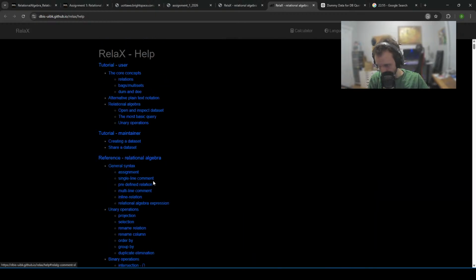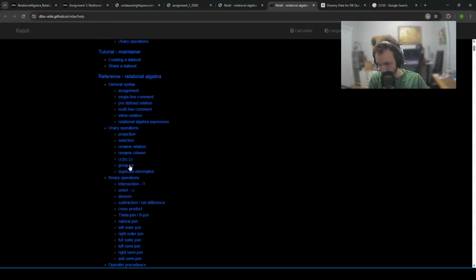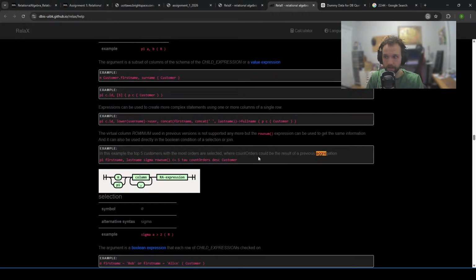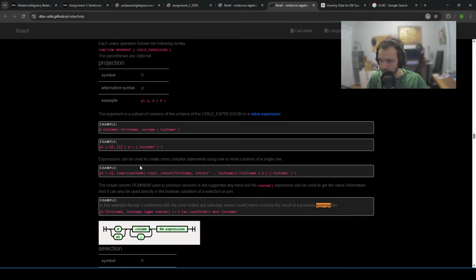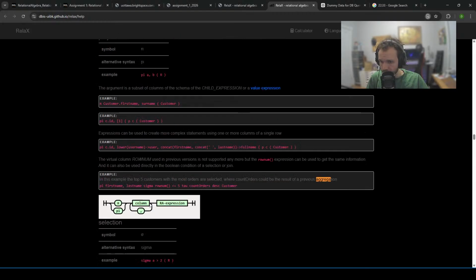Reference. Assignment, single line comment, predefined relation, multi-comment, binary operations. Is there any aggregate? Aggregate. What's this? Operations.